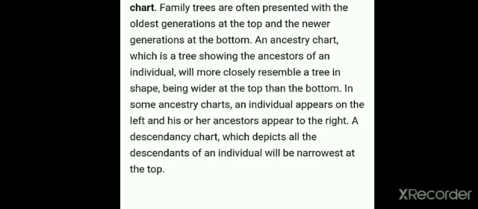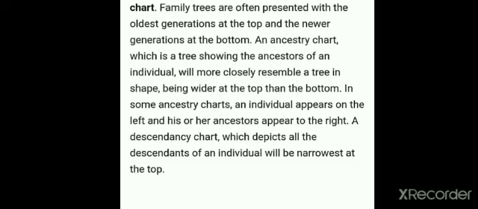So oldest generations, that is the ancestors, at the top, and newest generation at the bottom. The ancestry chart, which is a tree showing the ancestors of an individual, will more closely resemble a tree shape, being wider at the top than the bottom.